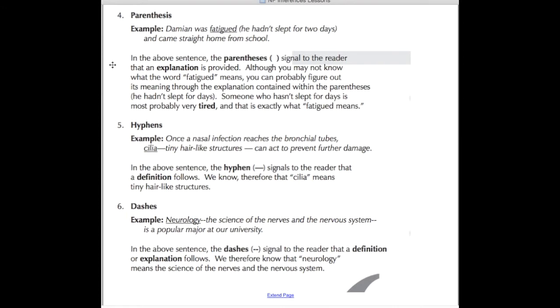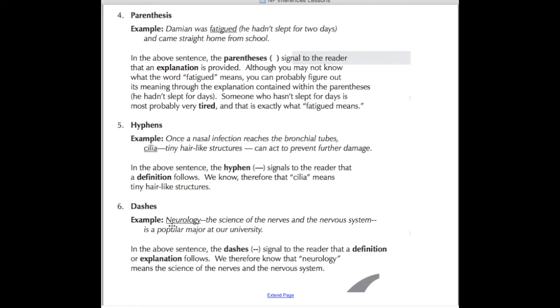Another one is hyphens. An example of this is: once a nasal infection reaches the bronchial tubes, cilia, tiny hair-like structures, can act to prevent further damage. The hyphens signal to the reader that a definition follows. We know, therefore, that cilia means tiny hair-like structures.